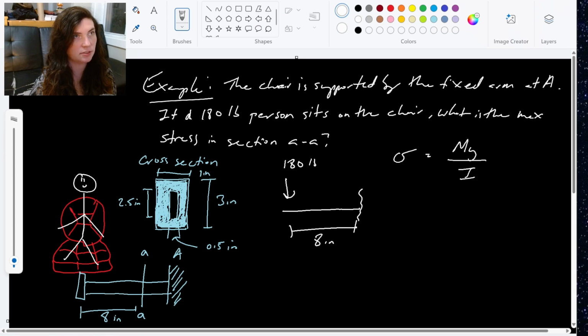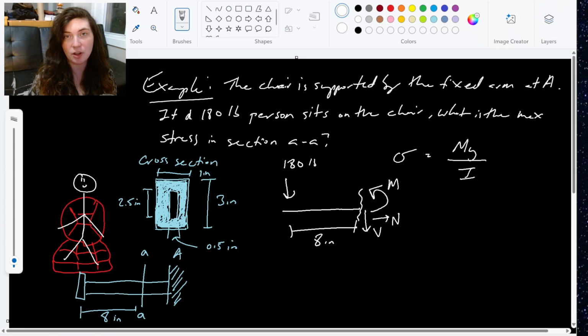Here's the cut, right? Here's section AA. If I look at section AA, I have my internal moment in there, my shear, my normal force. All of those internal forces would be bleeding out if I cut through this section AA.